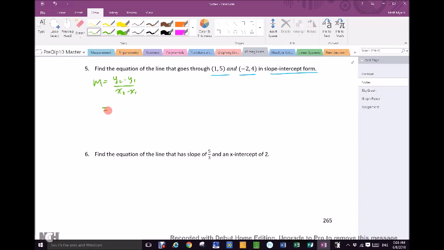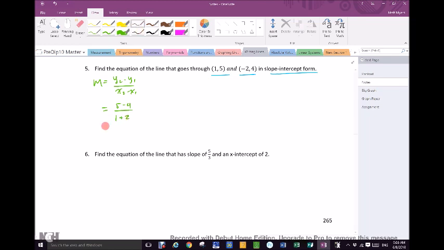You guys go ahead and figure it out. That should be enough time. Everybody should have a slope right now. Some of you will have done 5 minus 4 over 1 plus 2.